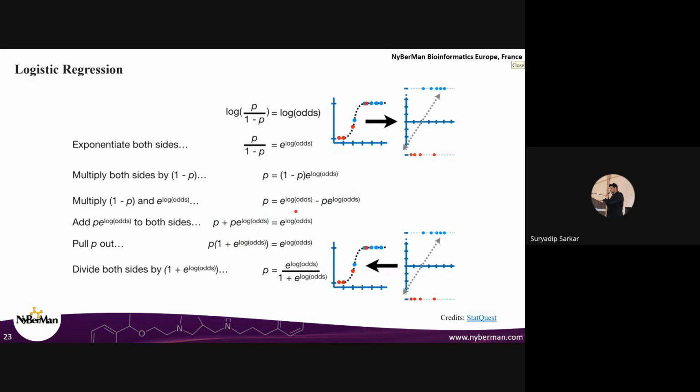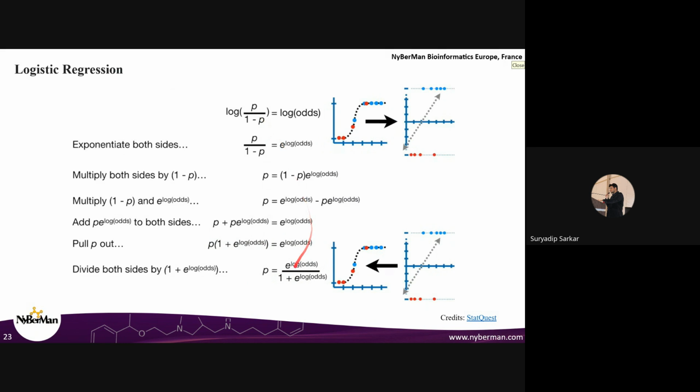Makes sense, right? Now all you have to do is take p common out of both of these. So you will have p times 1 plus e to the power log of odds is equal to e to the power log of odds. Now all you have to do is take this back. This is multiplied, so it will go into the denominator here. So you end up with p equal to e to the power log of odds divided by 1 plus e to the power log of odds.